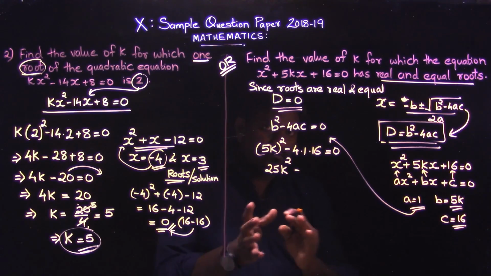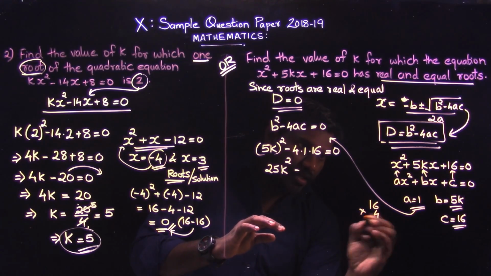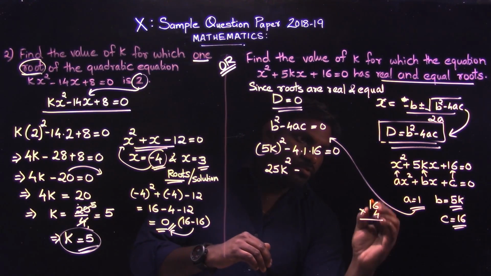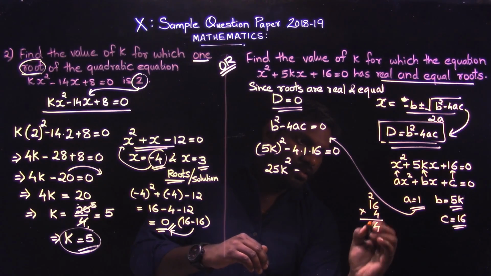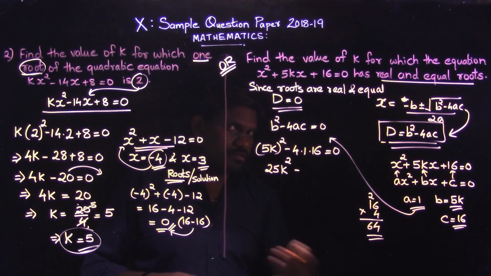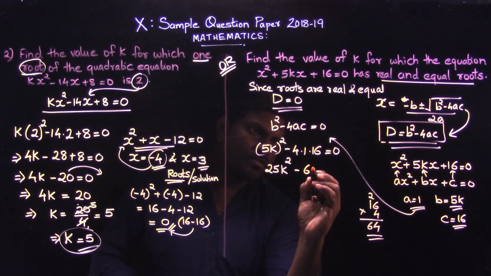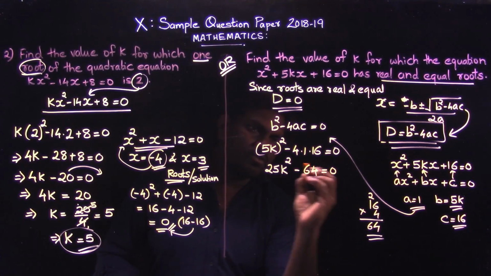If you are confused, write it down, then do it. You'll get 64. Make sure that you do it once, dear. Don't jump over it, because each and everything is very important. And this is the last and final exam you are going through, so don't rush through your answers. Just do it once if you're confused. So 64 is equal to 0.